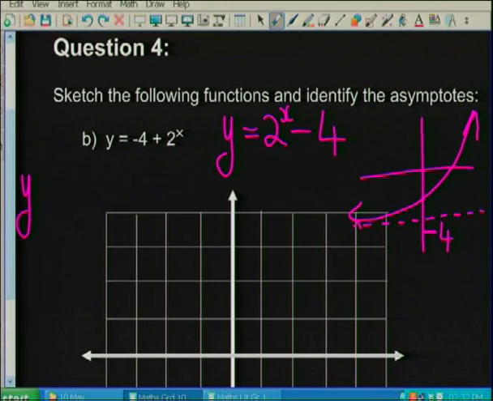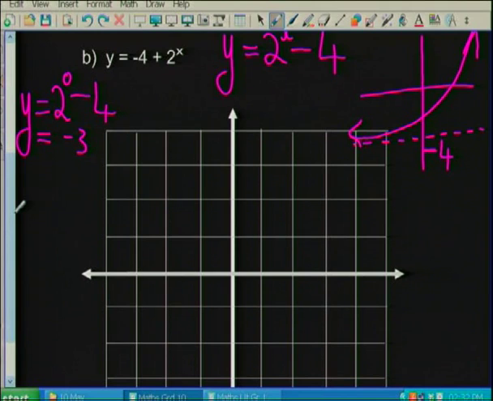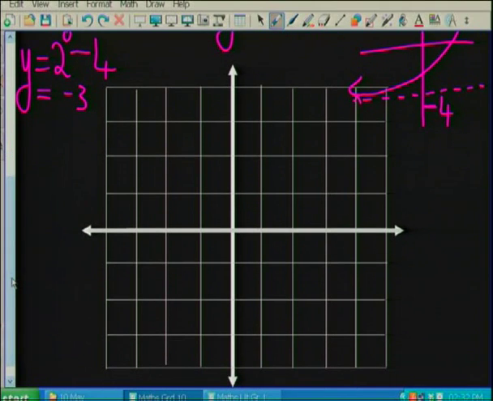Right, so let's get on with the business of calculating the x and the y-intercept. For the y-intercept, I'm going to make x equal to 0. So y is equal to 2 to the power 0 minus 4. That is 1 minus 4, which is minus 3. And let's indicate that on our graph. 1, 2, 3.